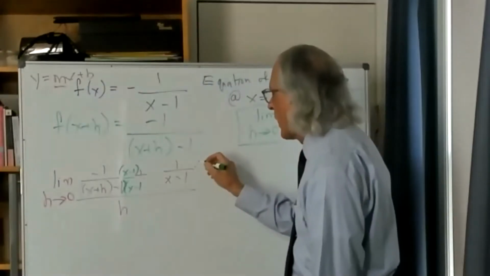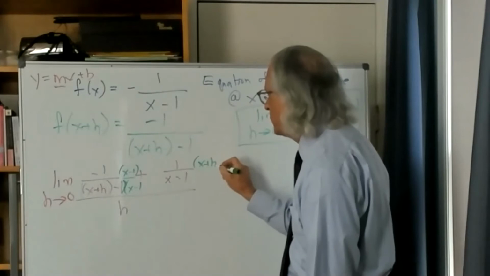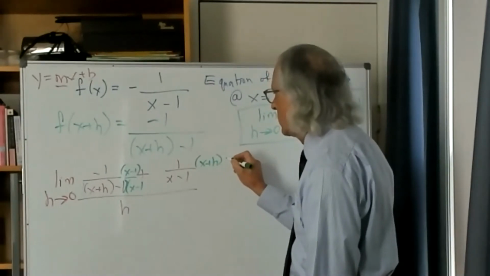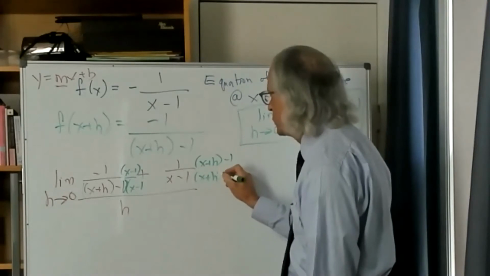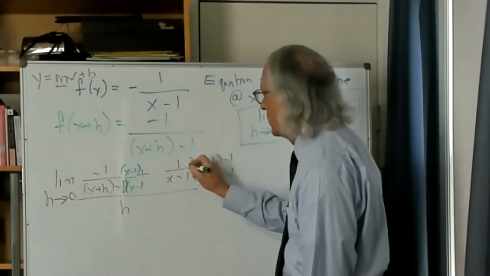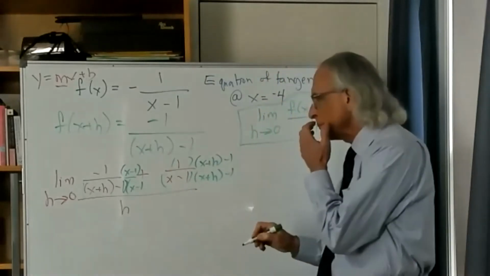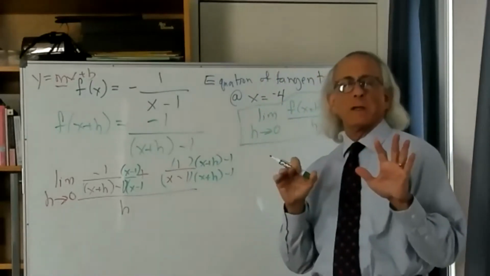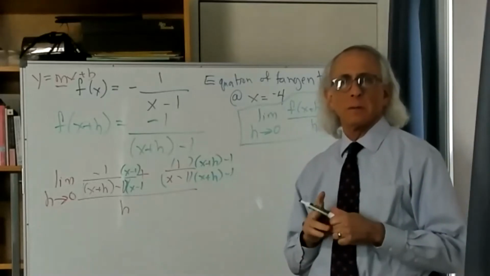And on this side, I'm going to multiply by x plus h minus 1 over x plus h minus 1. So I'm going to pause right here and make sure everybody sees what I did and understands it.